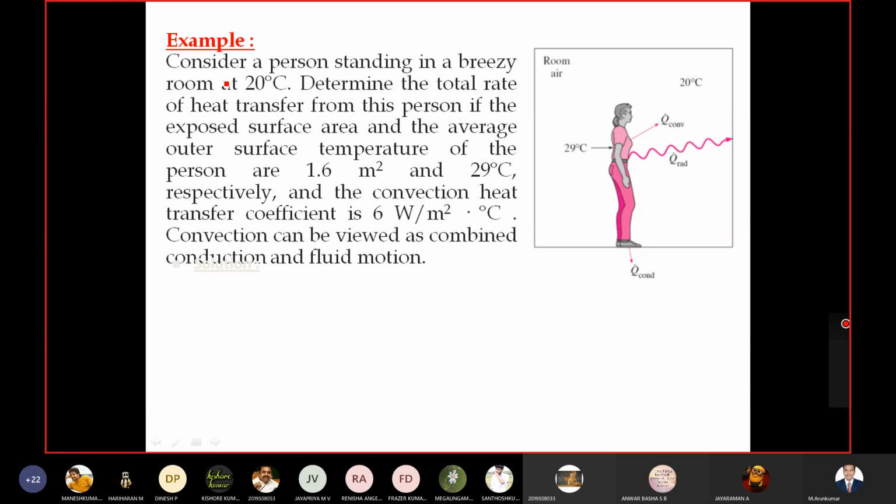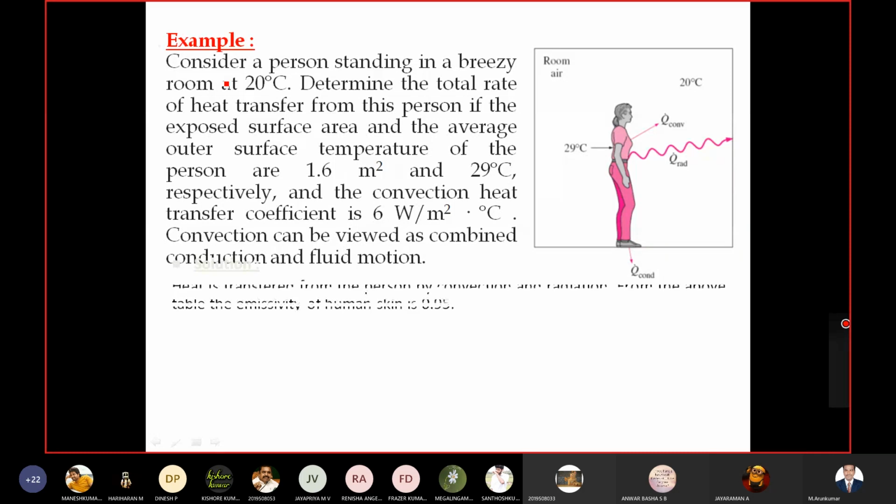They gave the area and the outside temperature, and the convection heat transfer coefficient h is also given, 6 watts per meter square degree Celsius. Convection can be viewed as a combined conduction and fluid motion. So we have to calculate the convection.